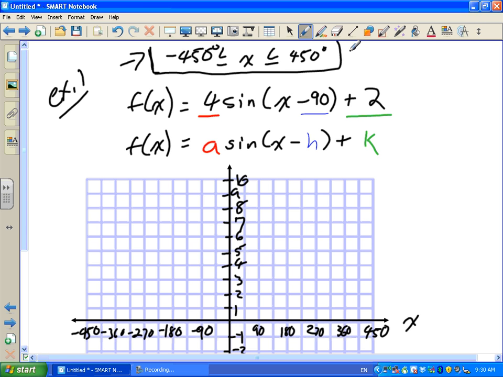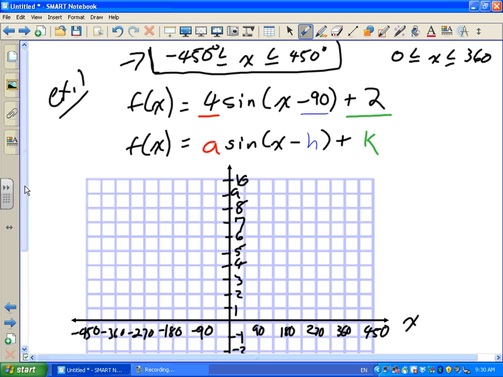Maybe it'll be between 0 and 360. Okay? If you were to go longer, I really don't care because you've encompassed it. But if you go shorter, that means you haven't drawn enough of this graph for the question. So make sure you can read the restriction. This says draw x between negative 450 and positive 450. Okay?